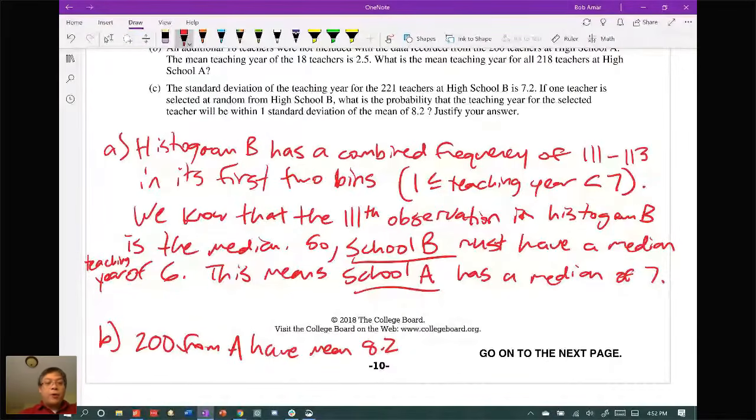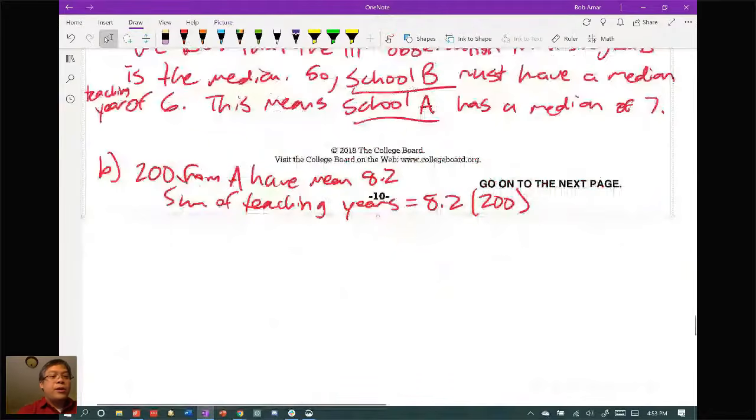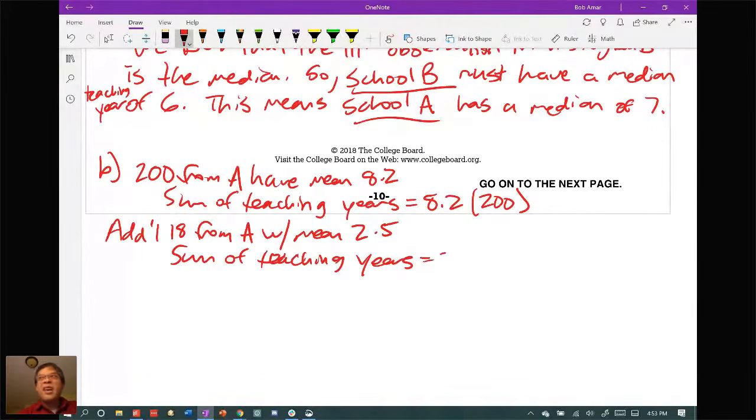Okay, so their sum of the teaching years is 8.2 times 200, right? And then there are an additional 18 from A with mean 2.5. And so the sum of those teaching years is 2.5 times 18.